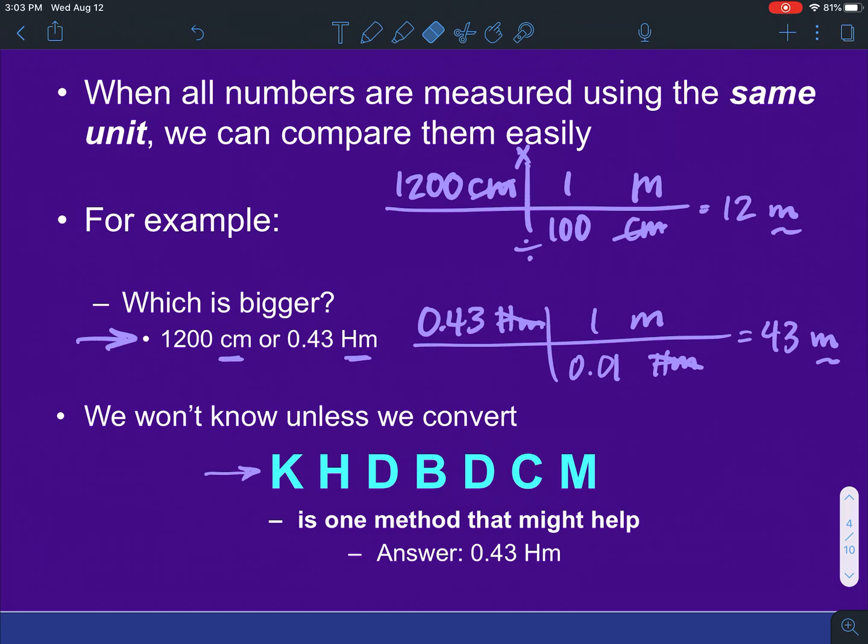I have found over the years that a lot of people really struggle with that because they don't know whether to move the decimal to the left or to the right. So if that's you, I would strongly suggest just forgetting that you ever heard about King-Henry and doing what we call dimensional analysis. If you are good at using it, you can, but notice that it begins on kilo and ends on milli.